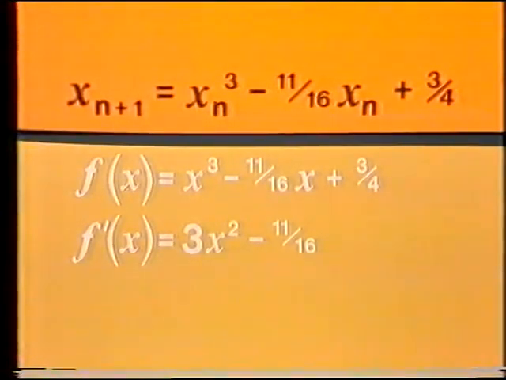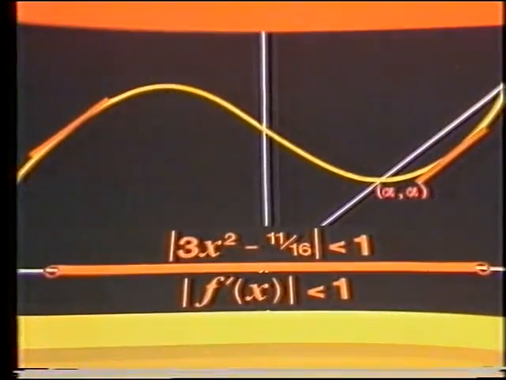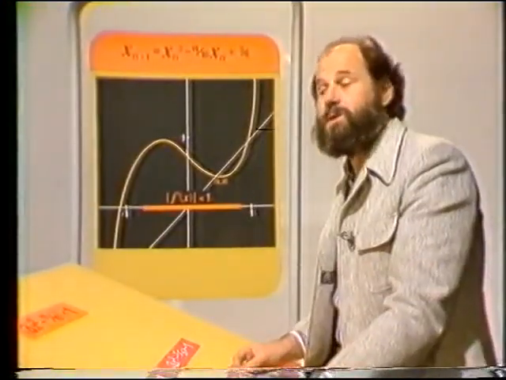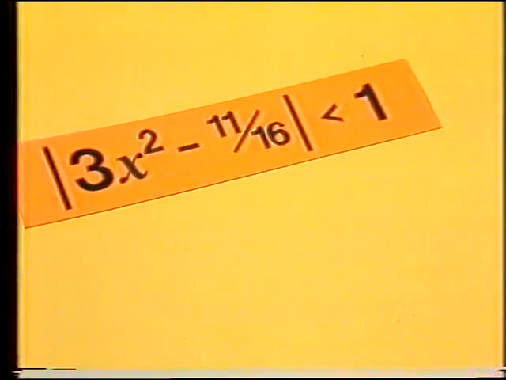Firstly, we look at the function from the right-hand side of the iteration formula. Its derived function is (3x squared minus 11)/16. Now we want to find an interval in which the modulus of this derived function is less than 1. We've got to solve this inequality. The modulus of (3x squared minus 11)/16 is less than 1.